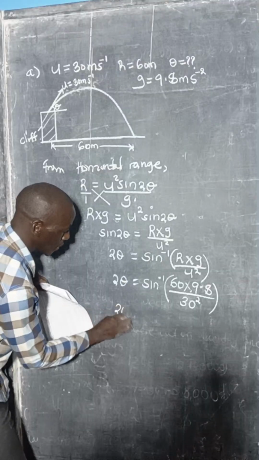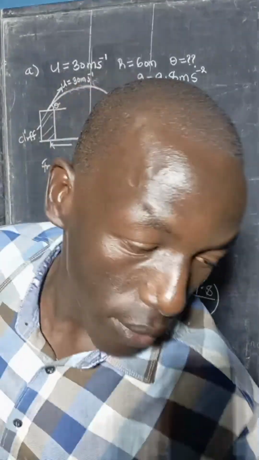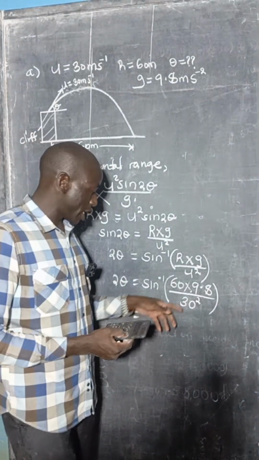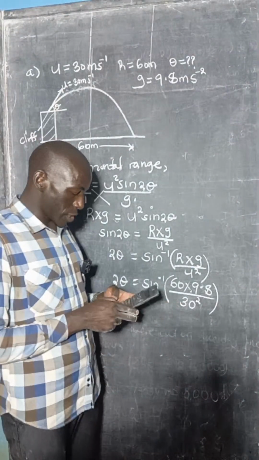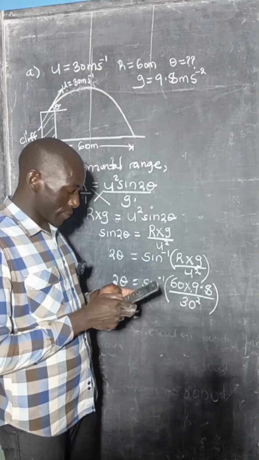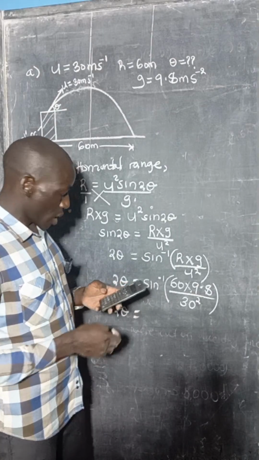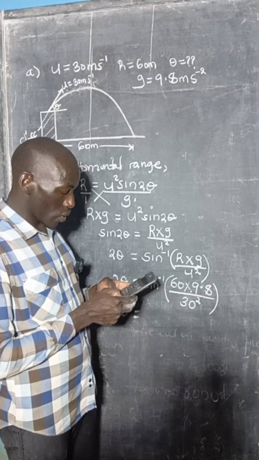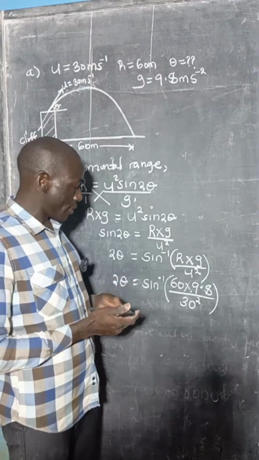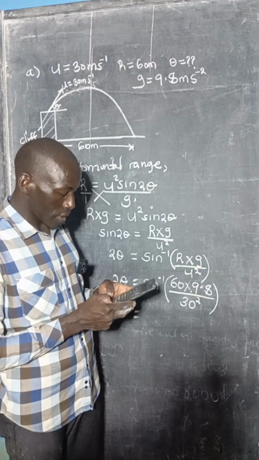Let us see what the value of theta is. I'm going to press the calculator for the first part. So we are going to have 60 times 9.8, then we divide by the square, which is the same as 900.